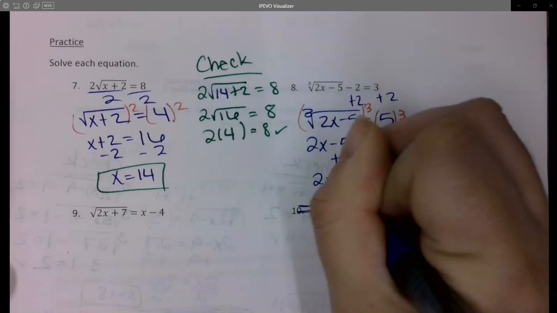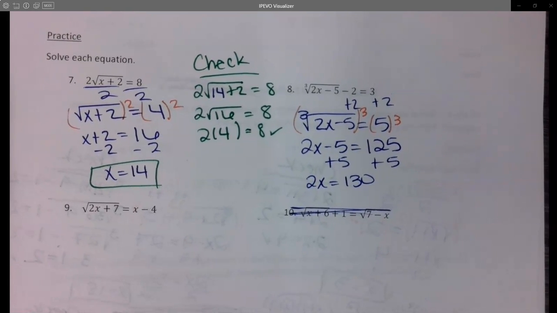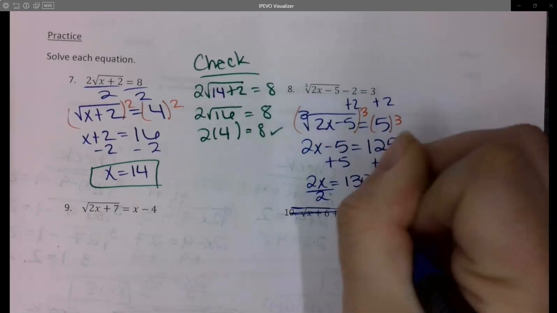I get 2x equals 130. Then I want to divide both sides by 2.